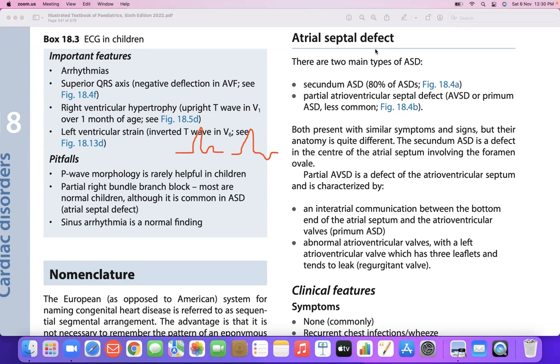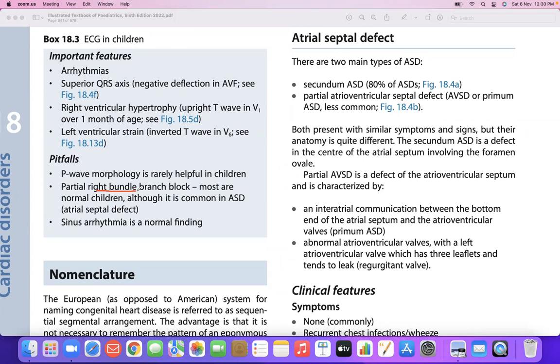Next are the pitfalls, but all these things, if we go case by case, we will understand. P wave morphology is rarely helpful in children, but still we have to remember, sometimes there is right atrial hypertrophy and left atrial hypertrophy.